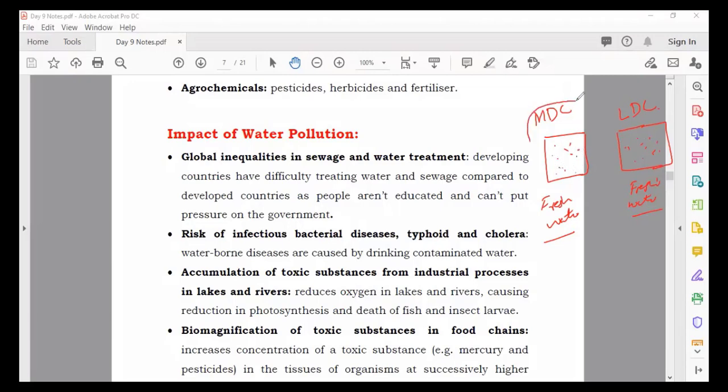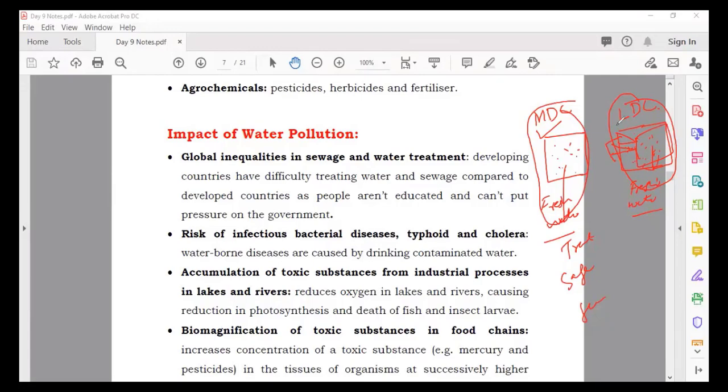these countries have money and resources, so they treat that water again and make it safe for drinking. But the poor countries do not have those resources. Once it becomes polluted, they have to use it as it is. On a large scale they cannot clean it. On an individual scale, maybe people can clean it at home, but it's not easy.